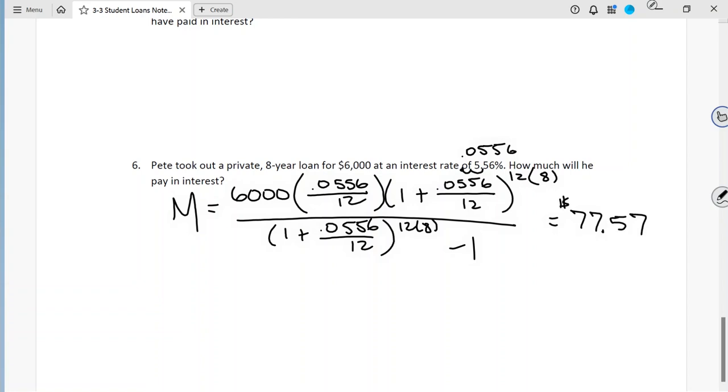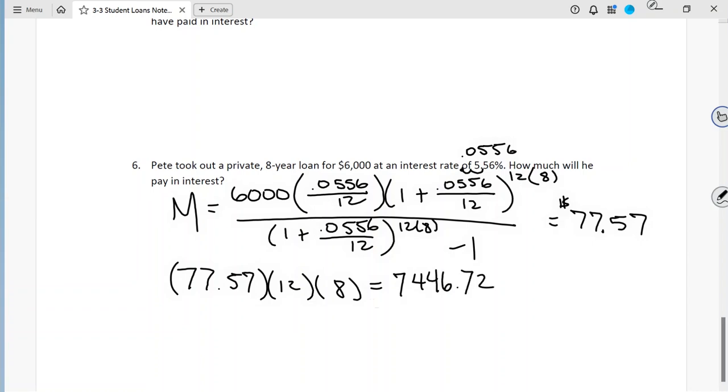Now, again, if you're paying $77.57 every single month for 8 years, that comes out to a total of $7,446.72. Now, not all of that is interest.